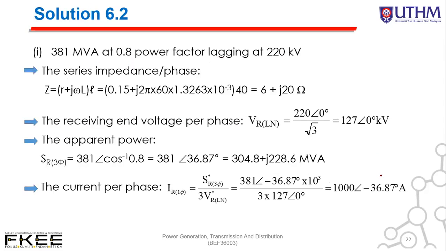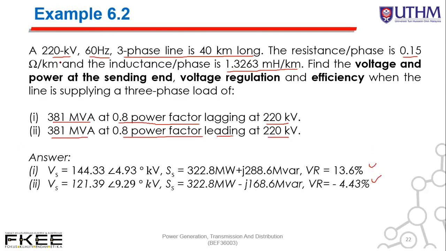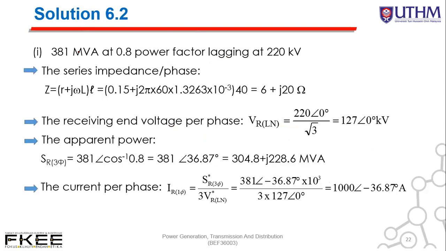To solve example 1, they want to find the sending end voltage Vs, voltage regulation, and efficiency. Given 381 MVA at the load, 0.8 power factor lagging, and load voltage of 220 kilovolt.